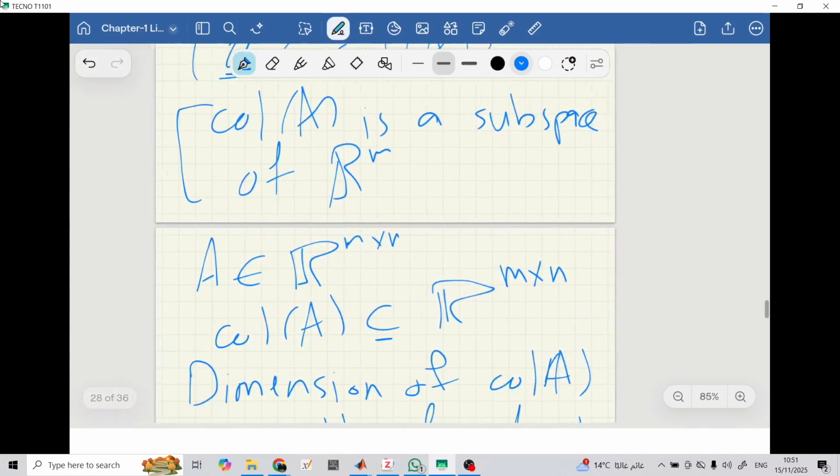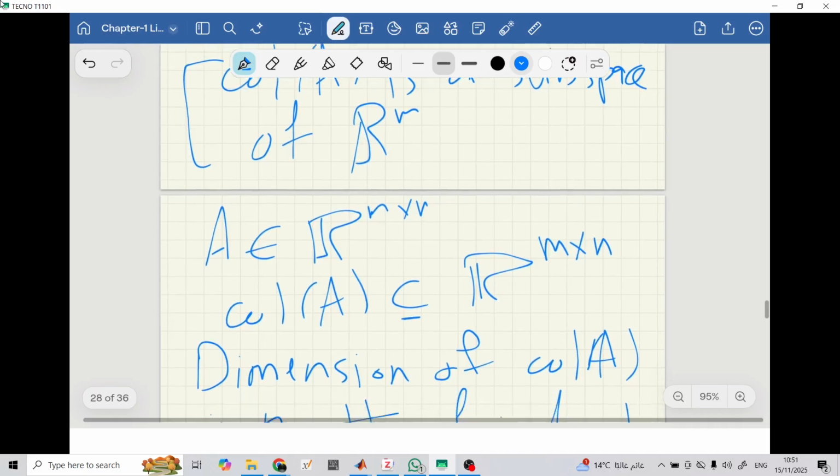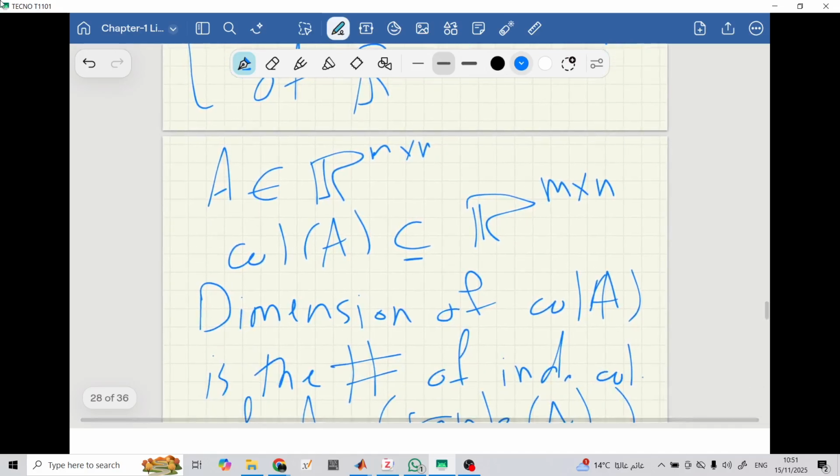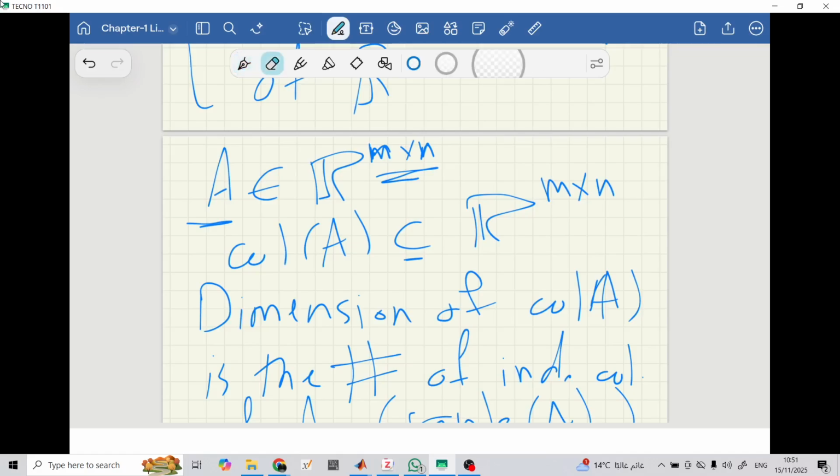Now again we need to talk about the dimension. So A is a matrix that belongs to the Rm cross n space. Sorry, I need to correct this. The column space of A is a vector space that belongs to Rm.